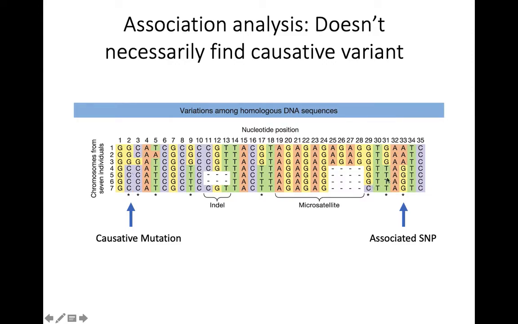So here we have individuals G, G, G, G, and A on top. All of these individuals that have G, G, G, G also have C, C, C, C. So statistically, one might see an increased association of the G allele with heart disease, but it might in fact be the C allele, which may not be in the SNP genotyping array.